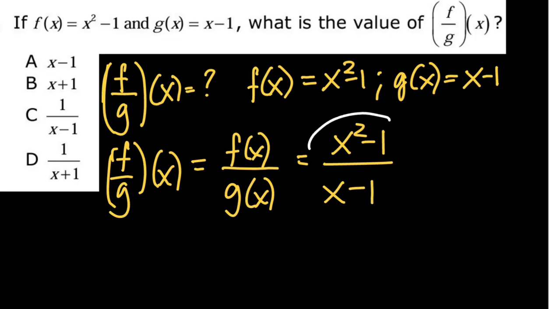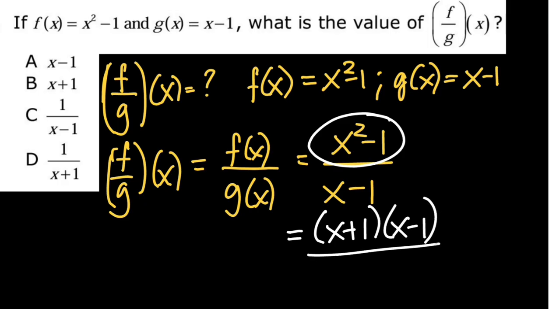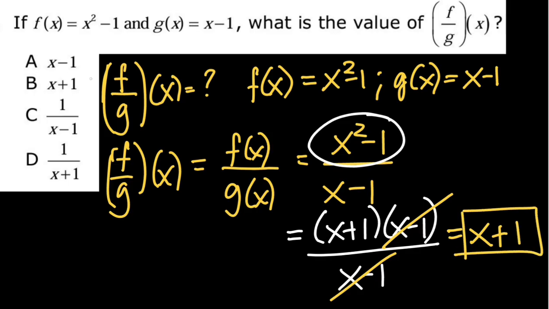Then we can factor the numerator, which is x squared minus 1. So we can write that as x plus 1 times x minus 1 over x minus 1. And x minus 1 cancels out. Therefore, f over g of x is just equal to x plus 1. So the answer here is letter B.